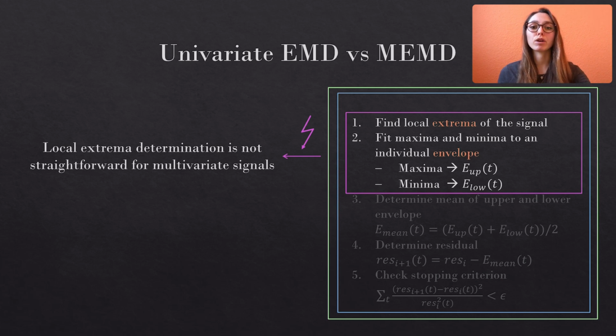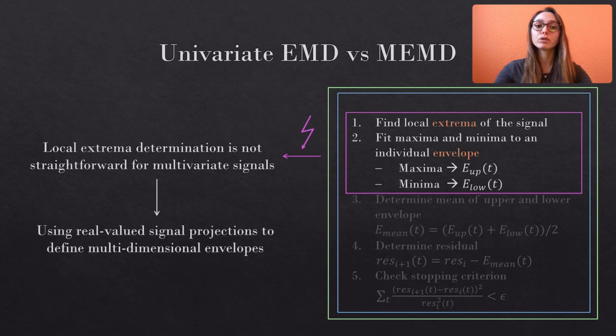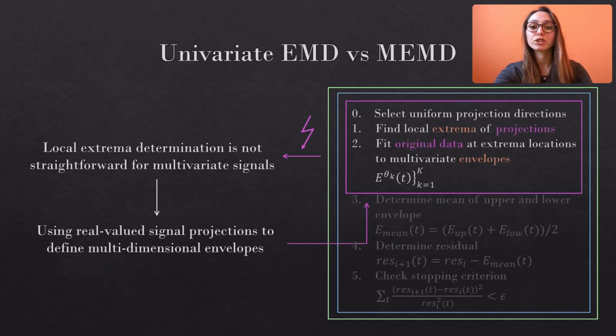To circumvent this problem, the key idea is to use projections of the multivariate data in the real number space that allow the determination of extrema. So before we can even start with the sifting process, we must select suitable projection directions for our data.